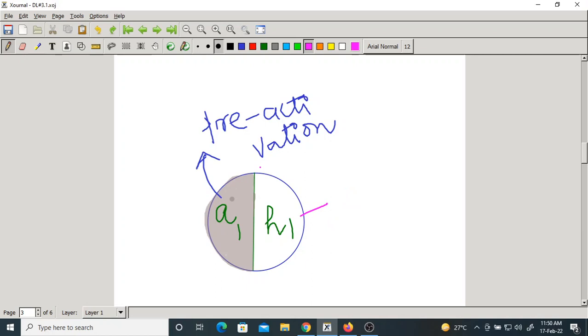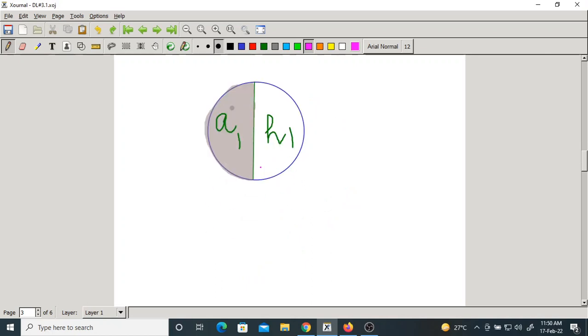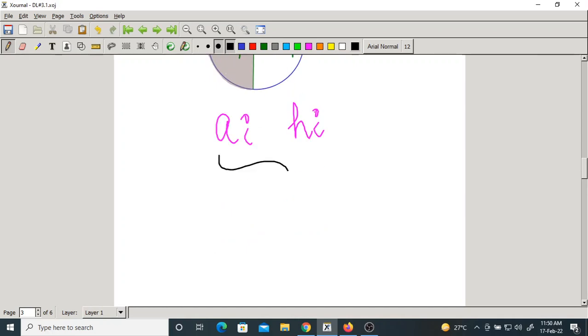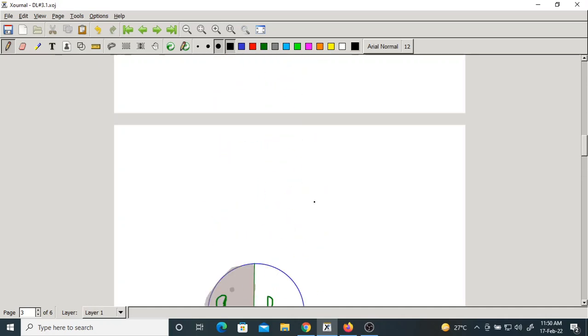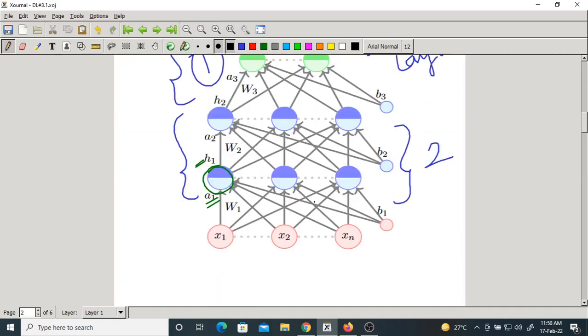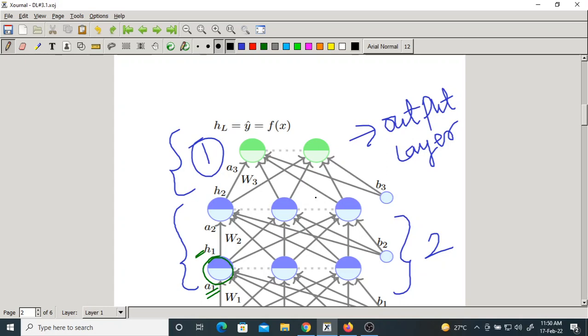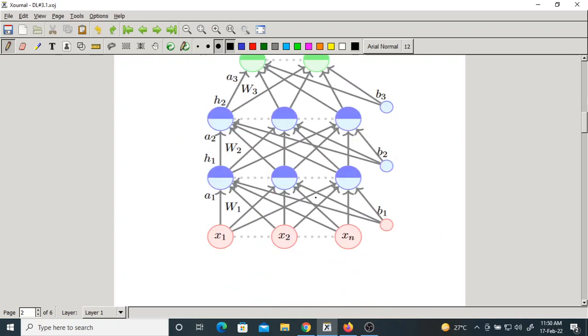Now, in general, for every layer, ai is the pre-activation and hi is the activation. These two are vectors. Please remember, these two are vectors. Why? Observe here. We have n neurons in each hidden layer.